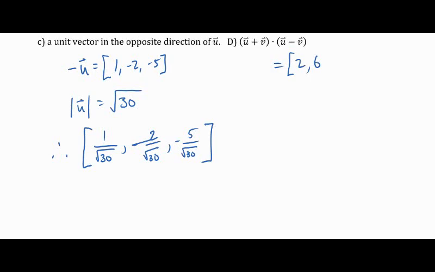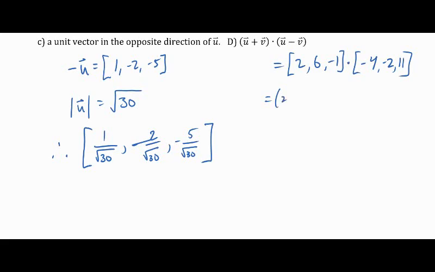And 5 minus 6, which is negative 1. Dot u minus v. So negative 1 minus 3, which is negative 4. 2 minus 4 is negative 2. And 5 minus negative 6 should give me 11.